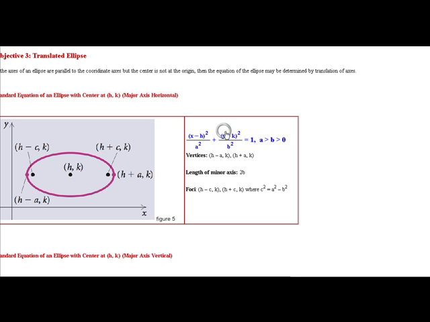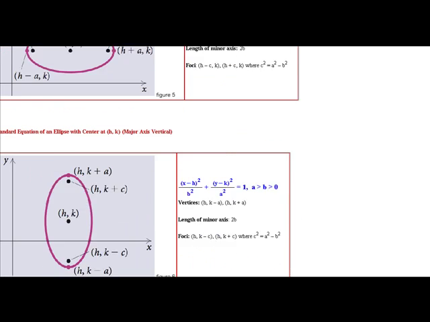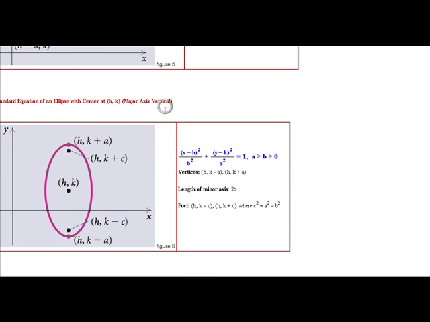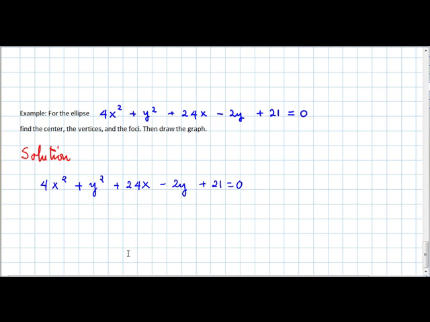So we have to rewrite our problem to look like this, or to look like this when we have a vertical major axis, or our ellipse is vertical. So we need to complete the square. Our goal is to rewrite to the standard form by completing the square.